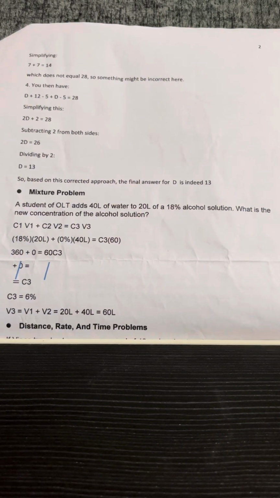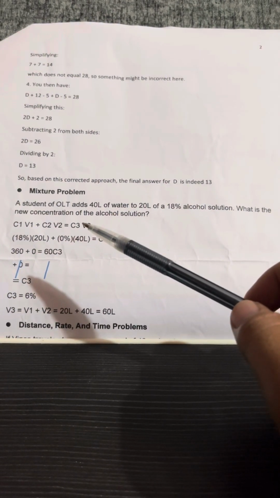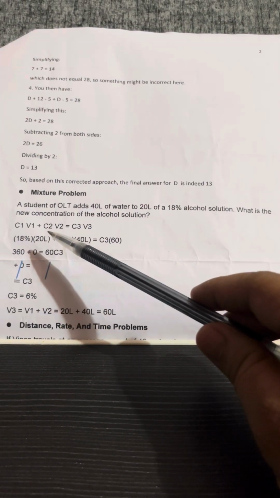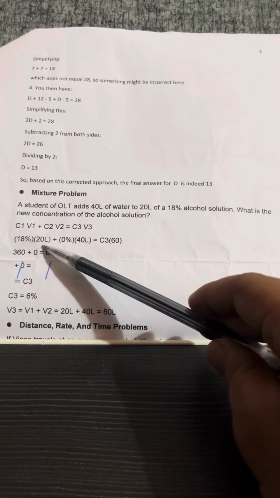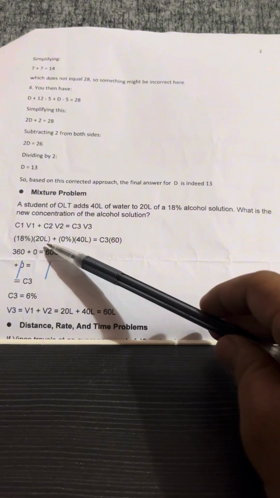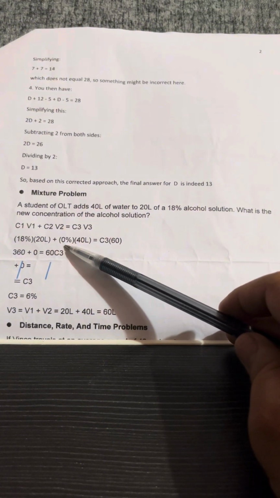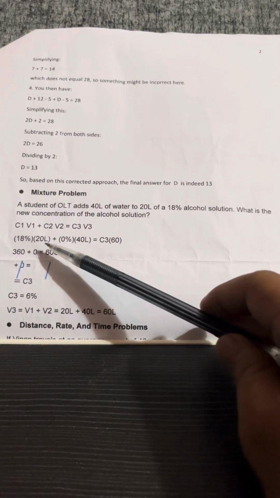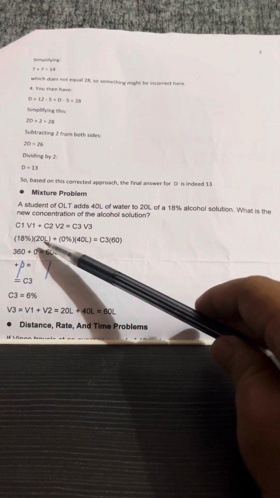By calculating this, what you just need to do is take the 18% alcohol and its volume of 20 liters. Then the amount of the alcohol is 18%, and then you just multiply by 20.